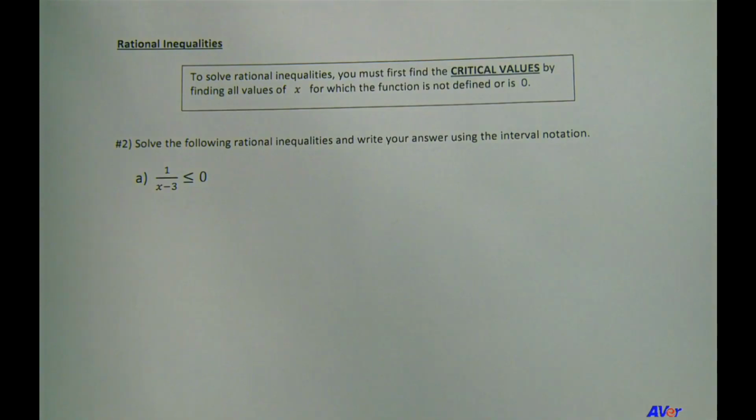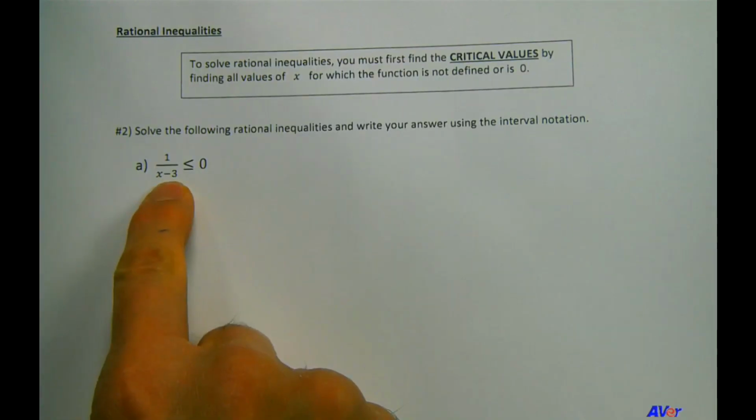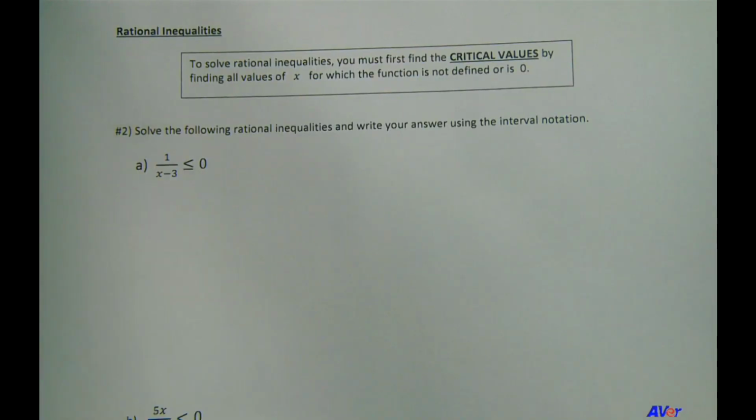One, as before, these are any values that would make a rational expression like that equal to 0. Just like polynomial inequalities, we'll have that. But we also have another requirement to make sure that the denominator of these rational expressions is never 0.